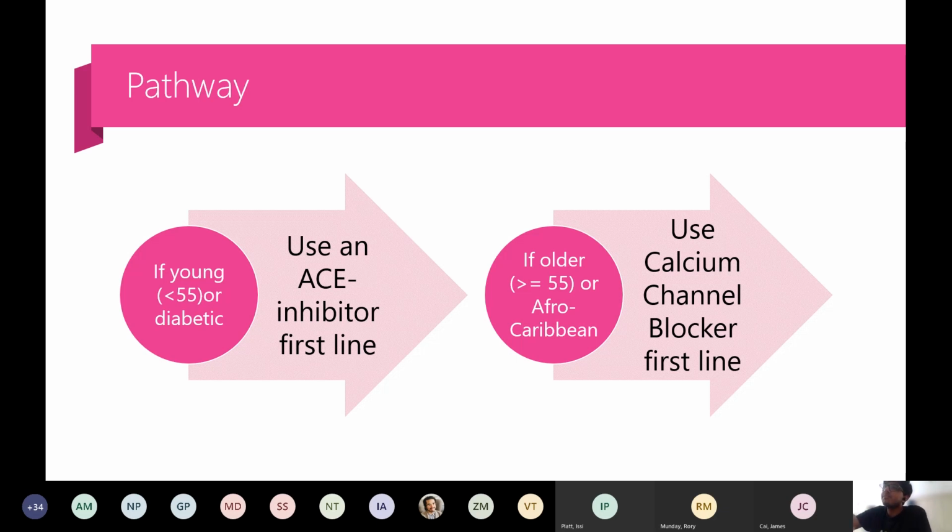I think it's to do with, they tend to have low renin levels, and they tend to have problems with the way that nitric oxide dilates their blood vessels. So calcium channel blockers work a lot better. So that's the reason. It's a mixture of renin and nitric oxide in the bloodstream. You don't need to know that for your exams. It's just an interesting thing.